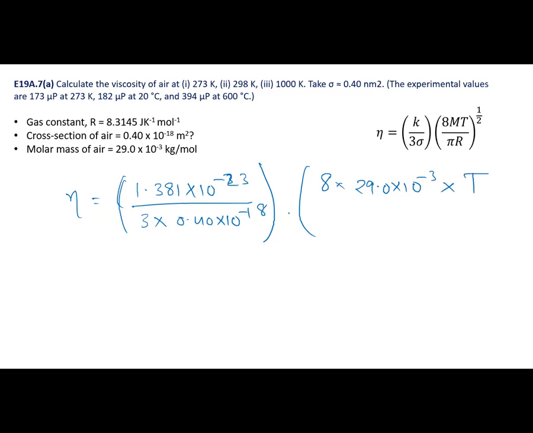We'll leave the temperature as it is, but we have to input this in terms of Kelvin. Divided by 3.14 times 8.3145, which is the gas constant, the whole thing power half.